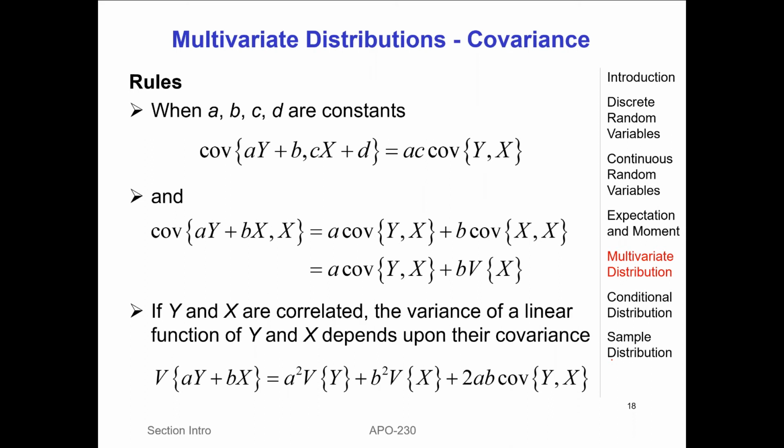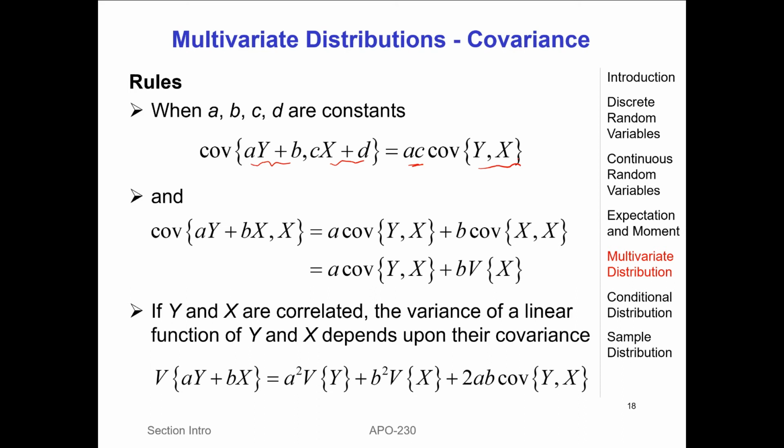So the first thing is, if you have two linear functions of random variables respectively, for example here ay plus b and cx plus d, with a, b, c, d constants, then the covariance of these two linear functions equals ac, the two slopes of the functions, times the covariance of the two random variables themselves.